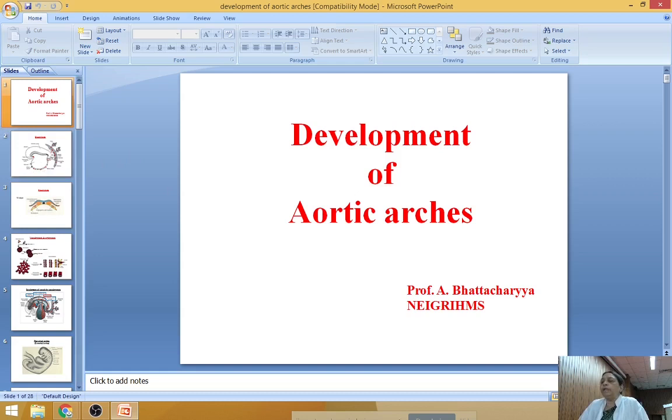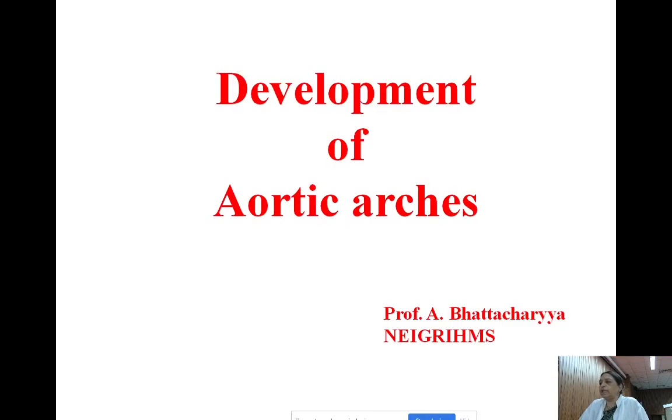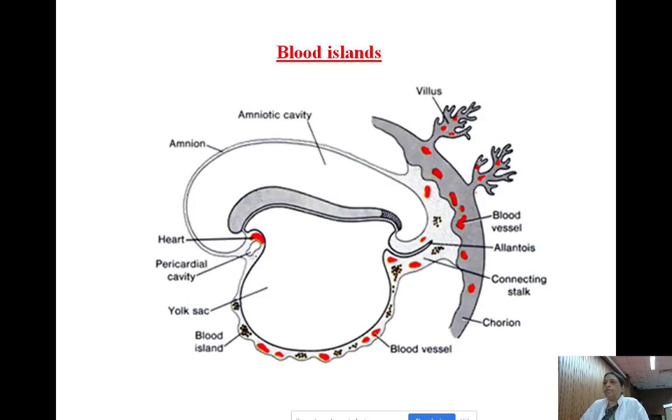Now, before going to these structures, I should tell about how the blood vessels are developed. The blood vessels are all developed from the mesoderm. By the third week of life, some mesodermal cells secrete a factor known as vascular endothelial growth factor, and by this, these cells are converted into hemangioblasts, the blood forming cells.